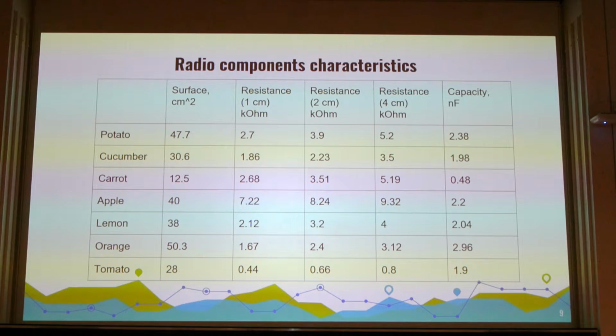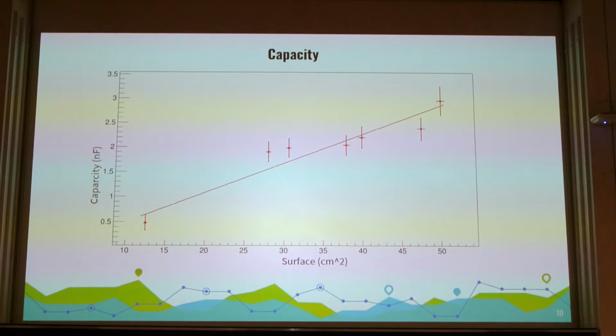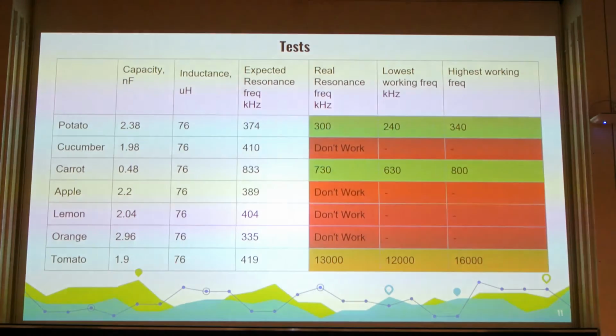So at first glance, I see no difference between these fruits and vegetables, and I was assuming that they would all work. So the capacity was simply dependent on the surface of the cut, and knowing their capacity and the inductance of my coil, I simply calculated the resonance frequency I was expecting.